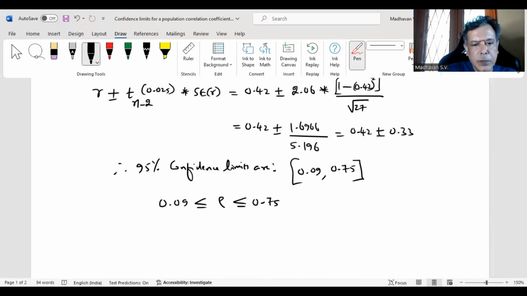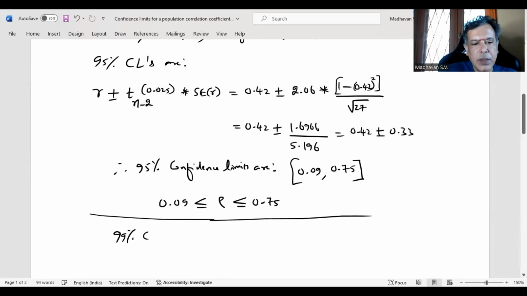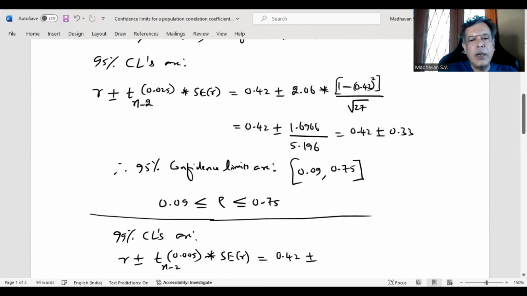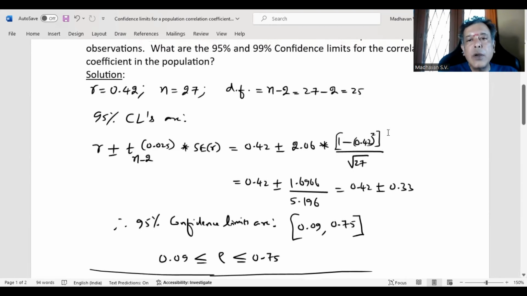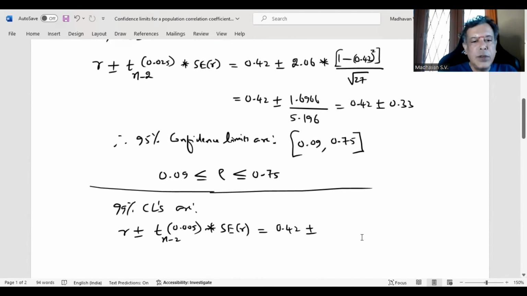Now let us do 99% confidence limits: R plus or minus t of n minus 2 at 0.5%, which means 0.005 for a one-tailed test, multiplied by the standard error of R. That will be 0.42 plus or minus, for 25 degrees of freedom at 0.005 level of significance, the t table value, which is 2.787, multiplied by 1 minus 0.42 the square divided by root of 27.